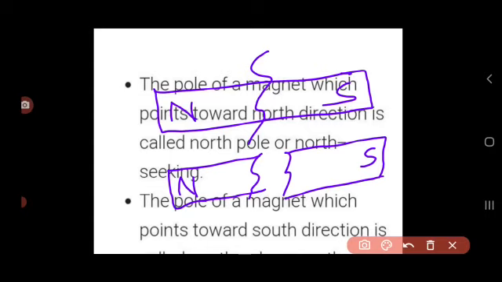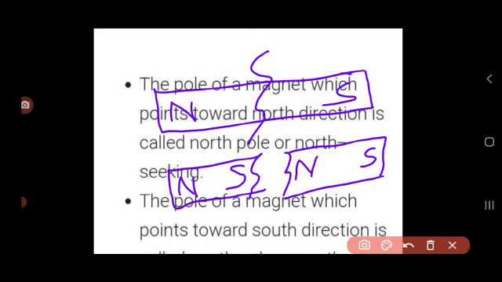Monopole magnet is not possible. The pole of the magnet which points towards north direction is called north pole, or north seeking pole, and the pole which indicates the south direction is called south pole or south seeking pole.